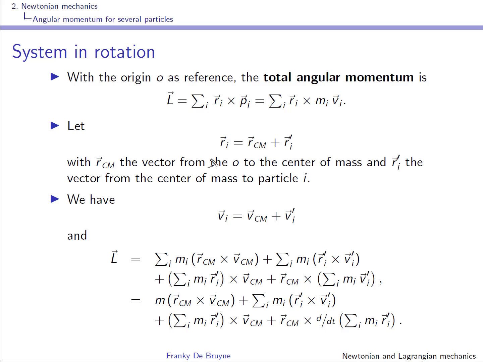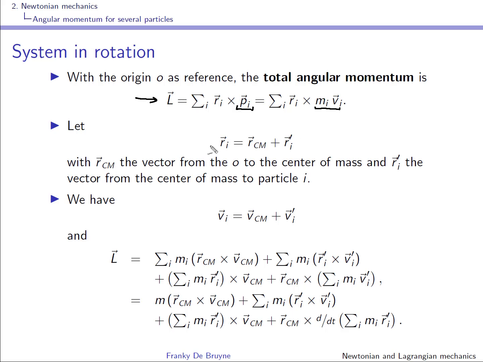We had shown previously that the total angular momentum L can be written as the sum of all torques, net torques that are acting on each individual particle, right? So this is the linear momentum that you can write just like that.